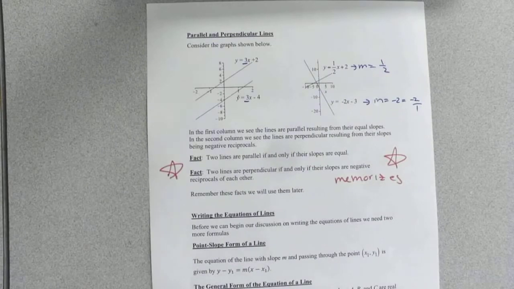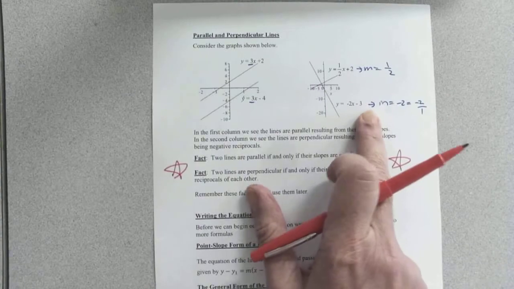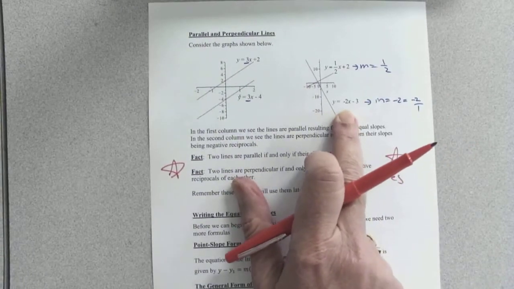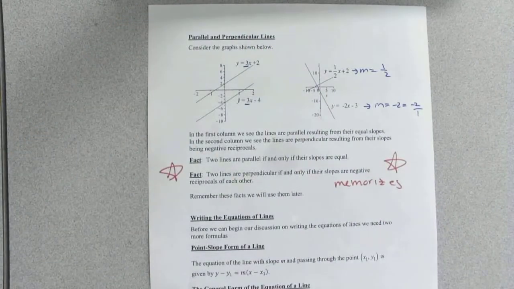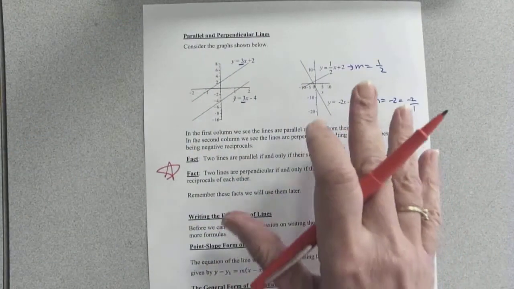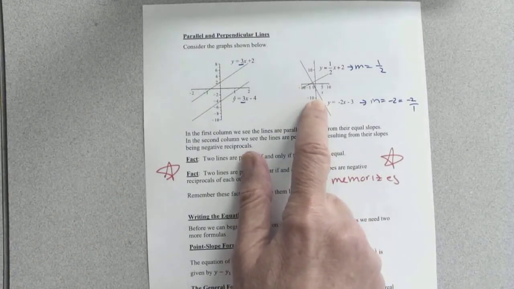Now, comment about your calculators. I very carefully made a computer graph this, and I made sure that the computer measured my x and y axes in the same way. The standard setting on your calculator, if you do Zoom 6, the standard setting on the TI-83, 84, does not measure things in the same way.